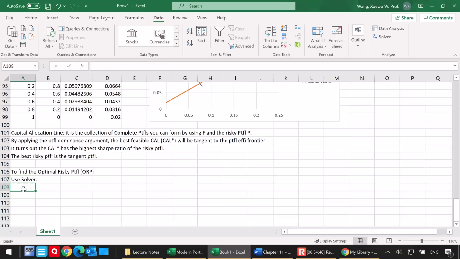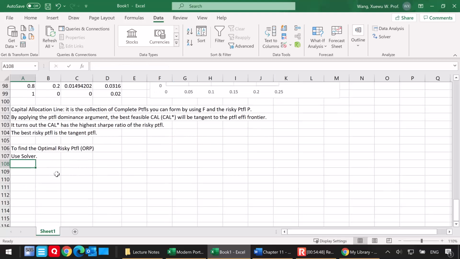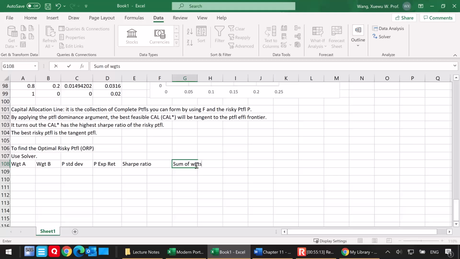So I'm going to look at the weights on A and the weights on B, the risky portfolio standard deviation, and the risky portfolio expected return. And one more thing, I'm going to look at the Sharpe ratio of the risky portfolio. And I'm going to make sure the weights add up to 1.